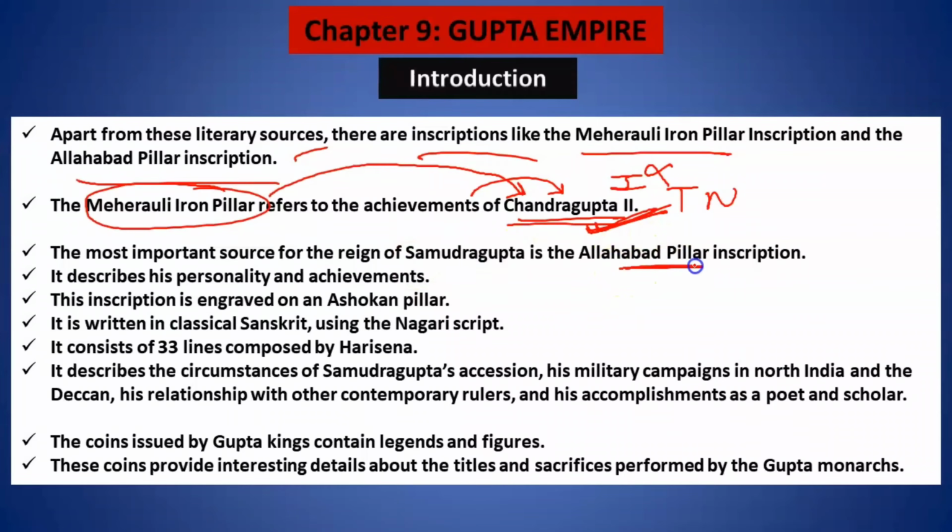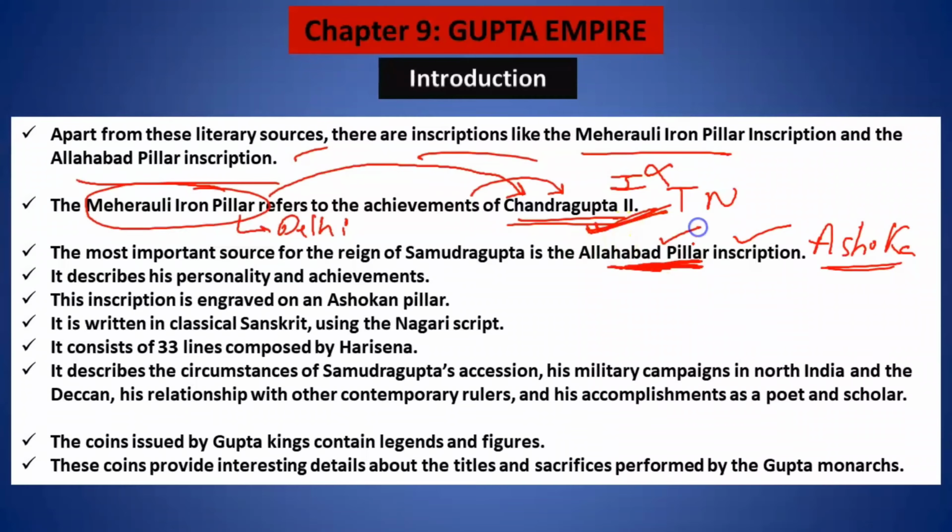Now, this Mehrauli iron pillar is in Delhi. And this is the Allahabad pillar inscription. I have already shown you this pillar when we were talking about the Ashoka reign. अशोका रेंज. जब हम अशोका के बारे में पढ़ रहे थे तब हम इसके बारे में एक बार देख चुके हैं.